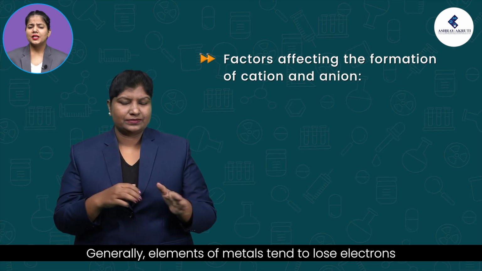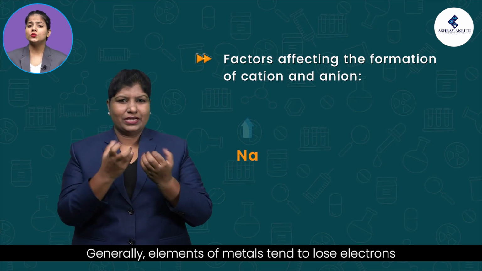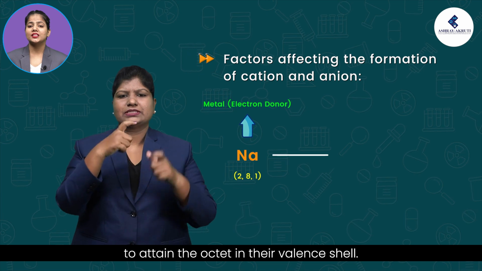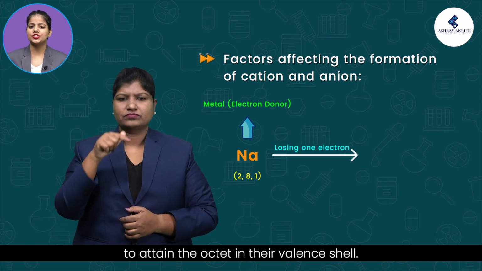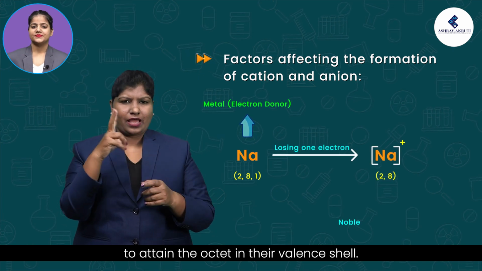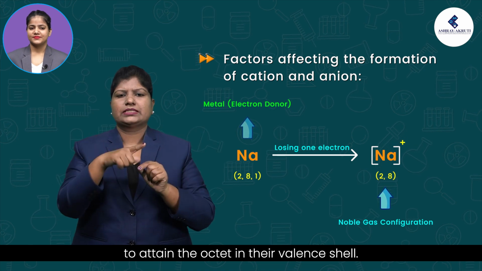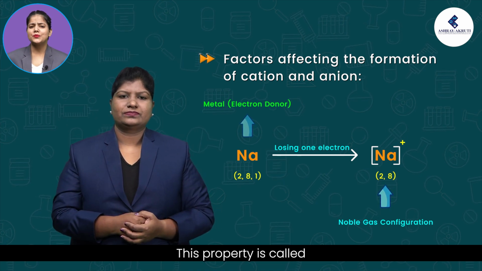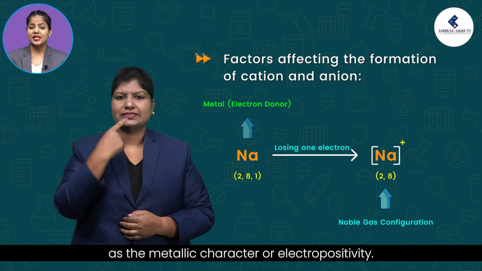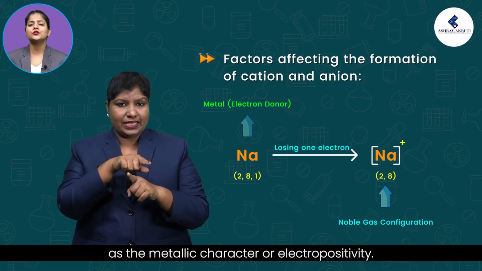Generally, metals tend to lose electrons to attain the octet in their valence shell. This property is called the metallic character or electropositivity.